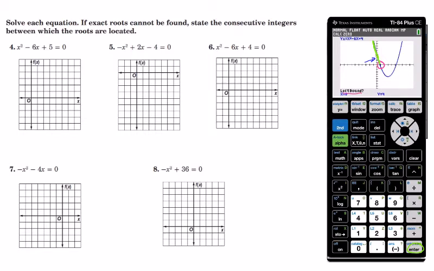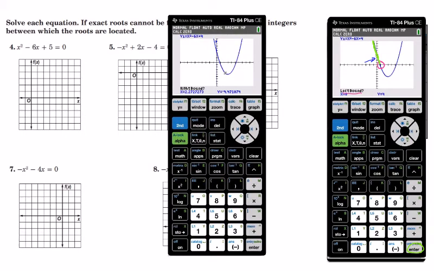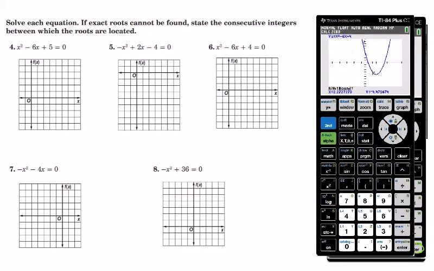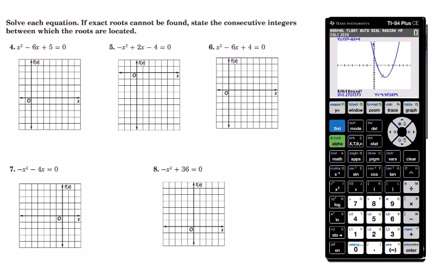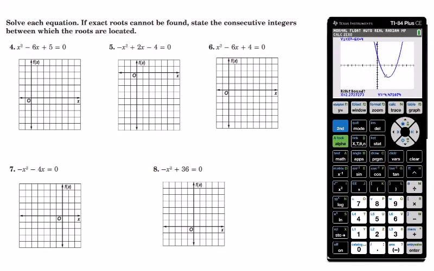Then you'll get this screen where it asks you right bound. Okay, so remember, we're trying to find this zero. So now for right bound, we want to be anywhere on this side, anywhere on the right, but we don't want to go too far past. We don't want to get to the next zero, because then the calculator is going to be confused and wonder which one we're talking about.